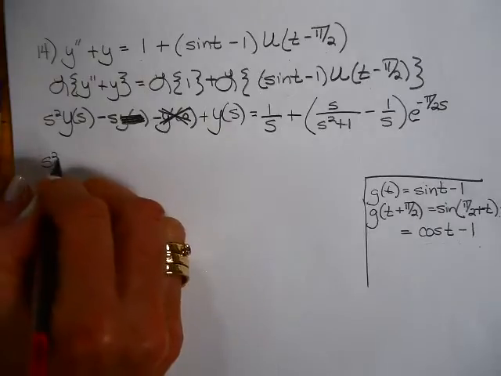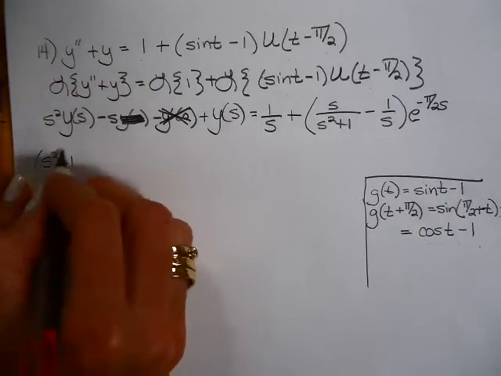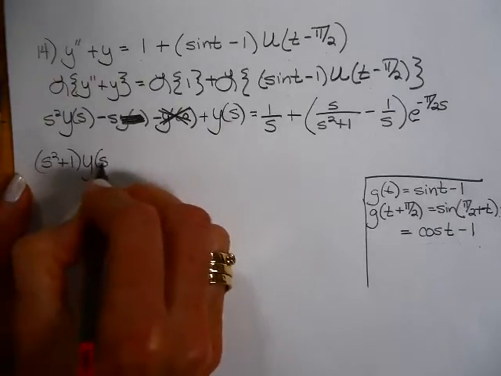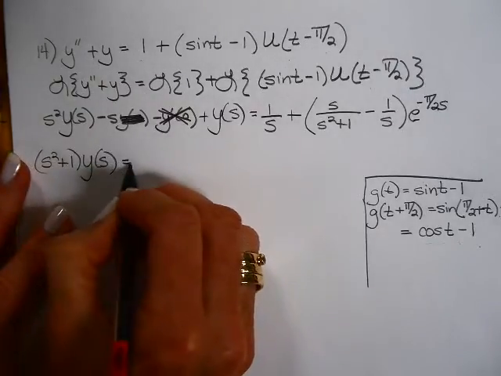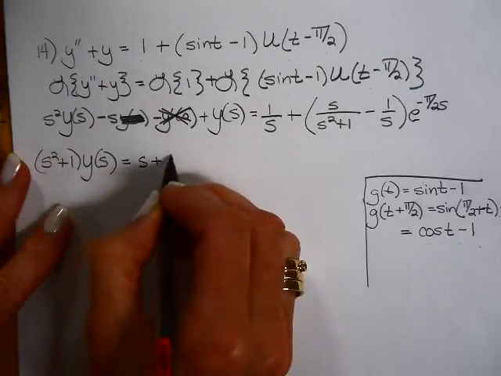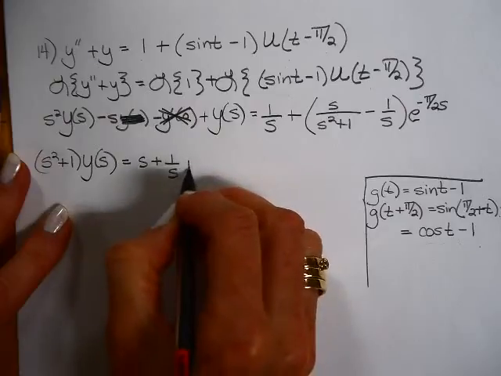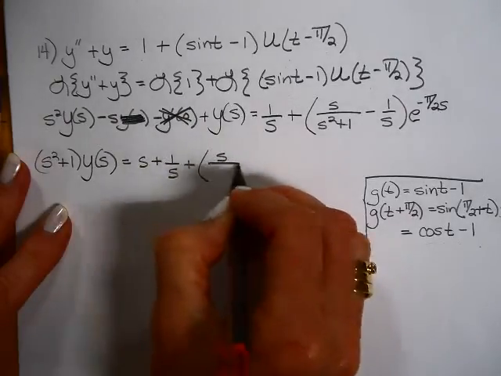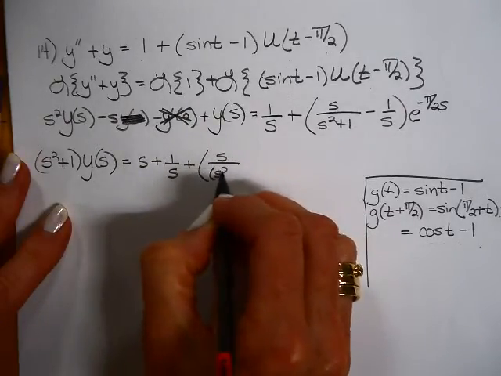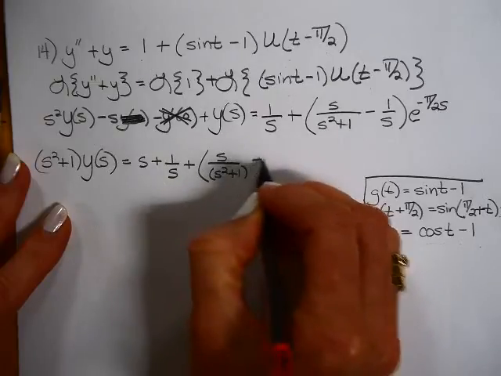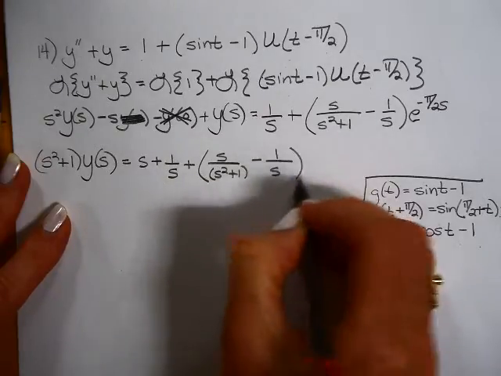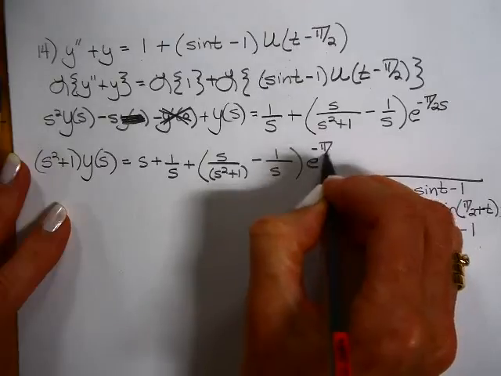So I'm going to have s squared plus 1 y of s. I'm going to move my s over, is equal to s plus 1 over s plus s over s squared plus 1 minus 1 over s e to the negative pi over 2s.